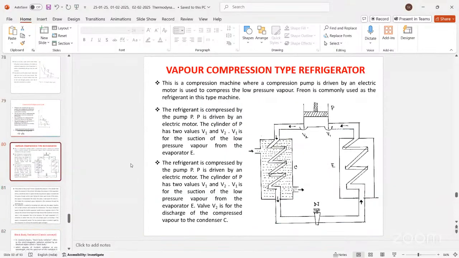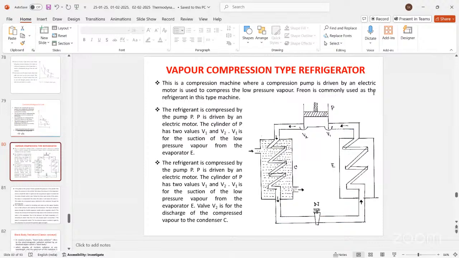So what is a vapor compression type refrigerator? This is the figure we have. You understand that this is the compression machine, where the compression pump is driven by an electric motor to compress the low pressure vapor.